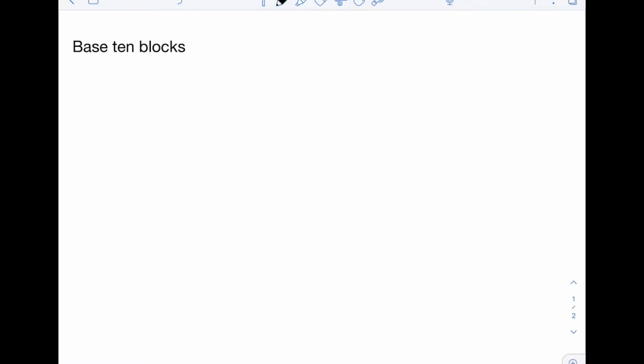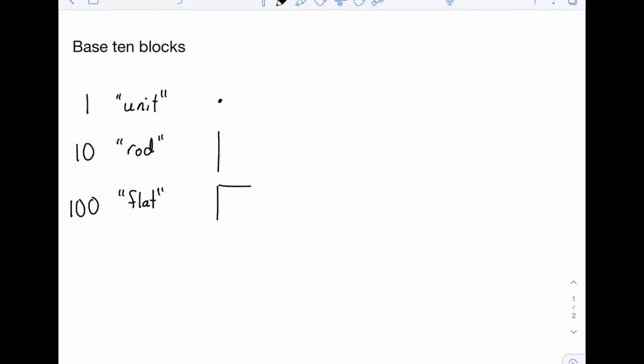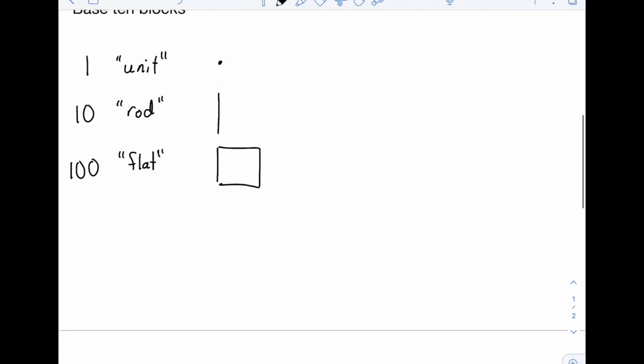We typically represent one, which we're going to call the unit, and we just represent it with a dot. 10, we often call a rod, and we're just going to represent that with a vertical line. 100, we often call a flat, and we're going to represent that with a square, trying to have, relatively speaking, one side of the square the same length as the rod.